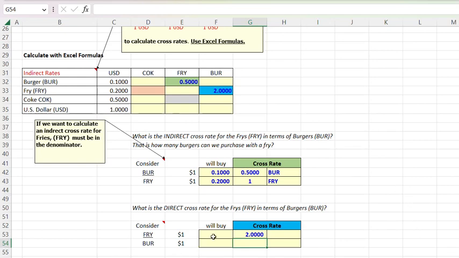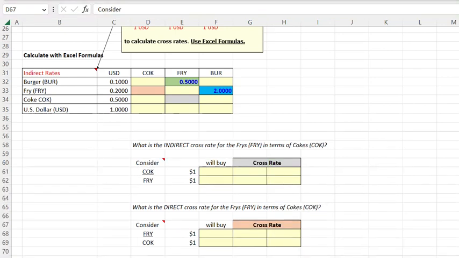Or we can calculate it using our indirect rates. $1 is equivalent to 0.2 fries, and $1 is equivalent to 0.1 burgers. 0.2 divided by 0.1 will give us the 2. And that again is fries per burger.